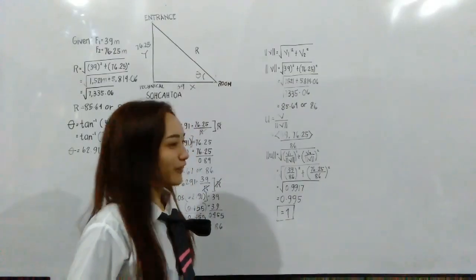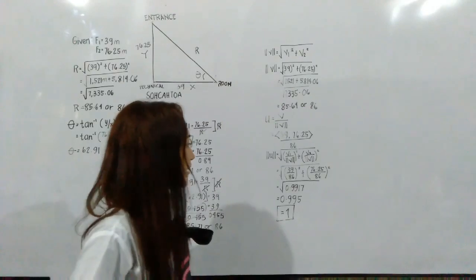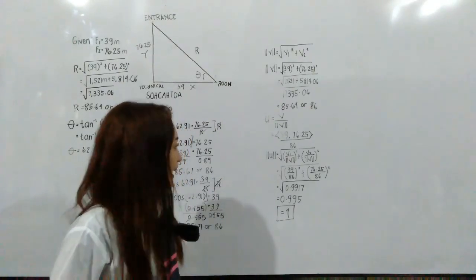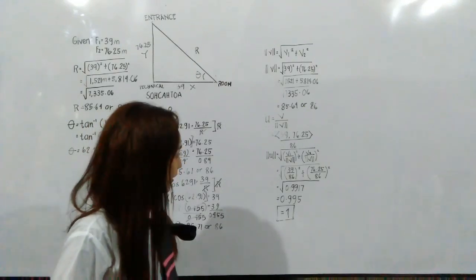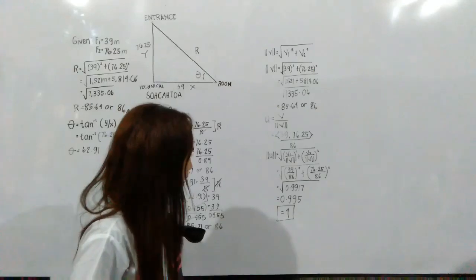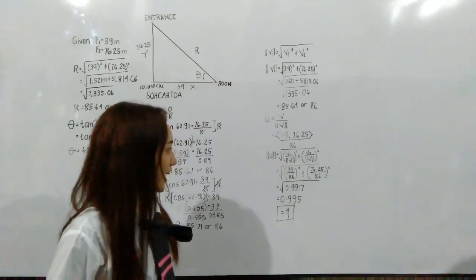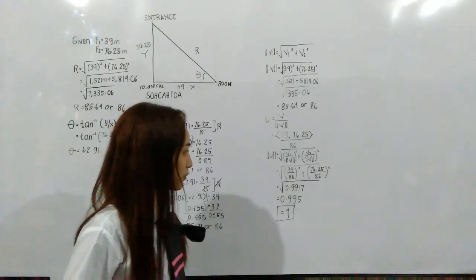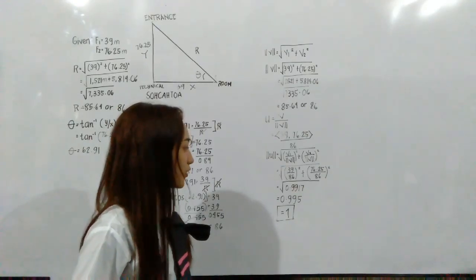Now let's solve for the magnitude of the unit vector. So the magnitude of the unit vector must be equal to 1. And the magnitude of the unit vector is equal to the square root of the first unit vector, which is 39 over 86, squared, plus the second unit vector, which is 76.25 over 86, squared.